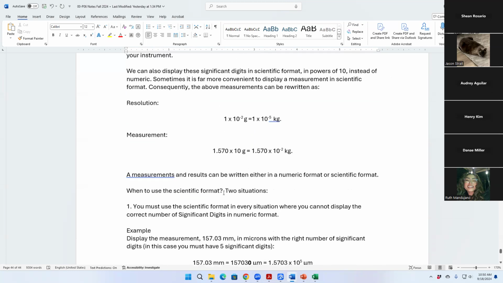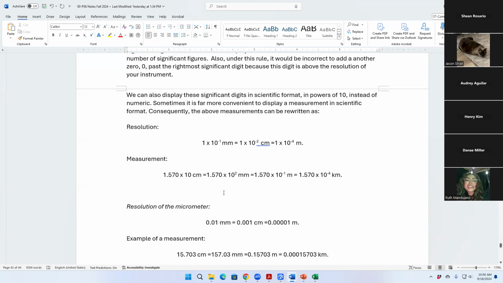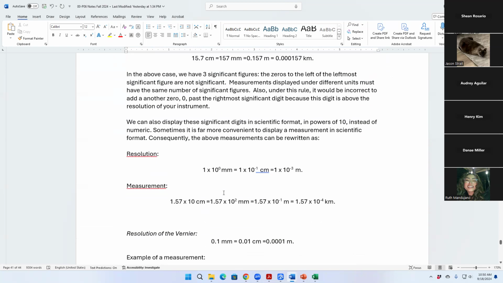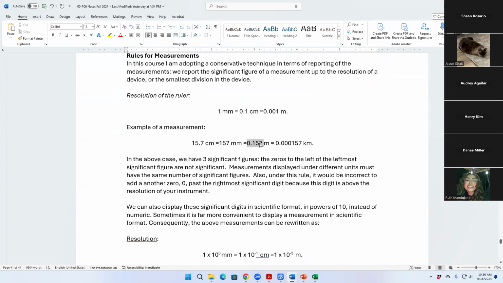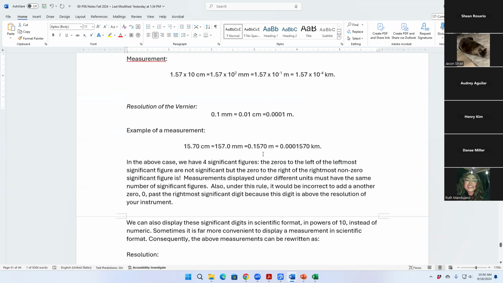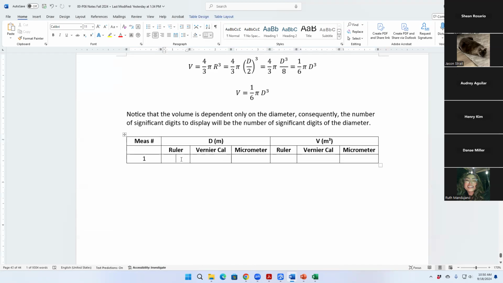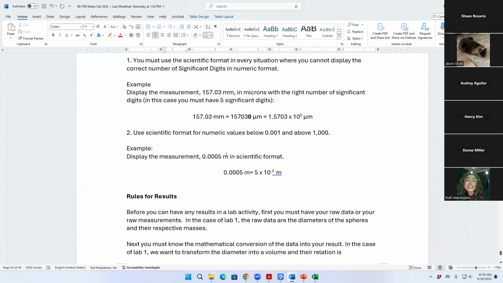So here you go. Let's get my ruler measurements. Vernier caliper. You go everything in meters. That's the ruler. Once I have this measurement, I know ruler, vernier caliper.